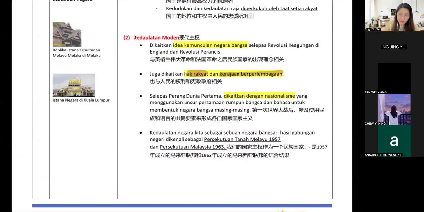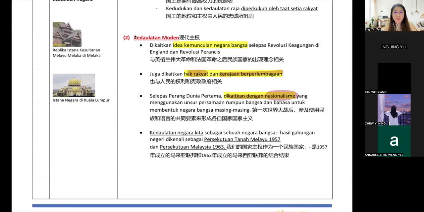And therefore, you can see the situation change. Because right now, they are emphasizing the hak rakyat. They also talk about Raja Perlembagaan. Clear? So that's why I say this is something related to your nationalism. Contoh-contoh, you can say here, kedaulatan negara kita based on kedaulatan modern is telling you that right now, we are forming a country called Persekutuan Tanah Melayu and also Persekutuan Malaysia, which focuses on citizens' rights, hak rakyat.